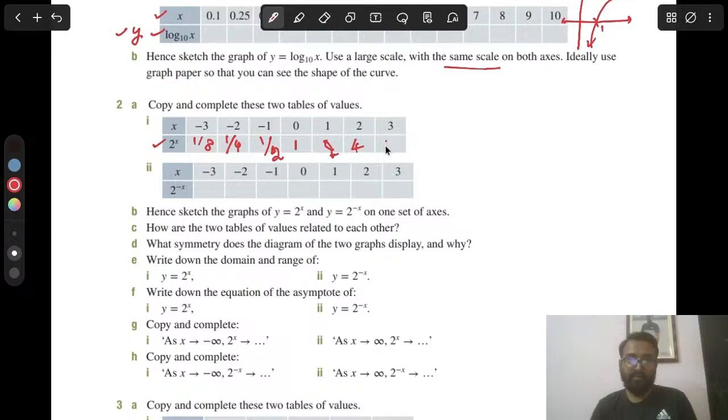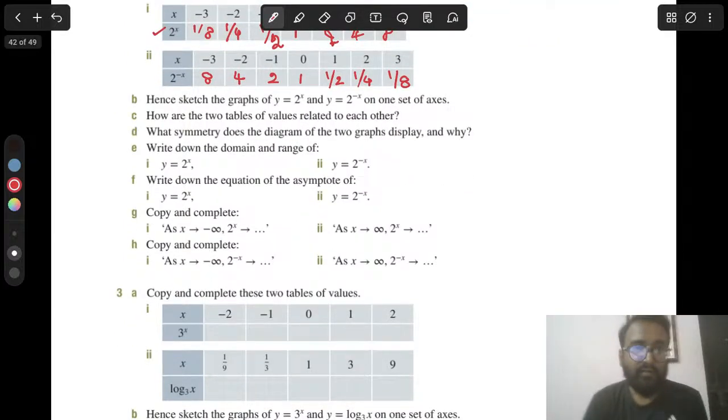And with the minus, it goes in reverse. So it is 8, 4, 2, 1, then 1 over 2, 1 over 4, 1 over 8. Okay, so this is the case.